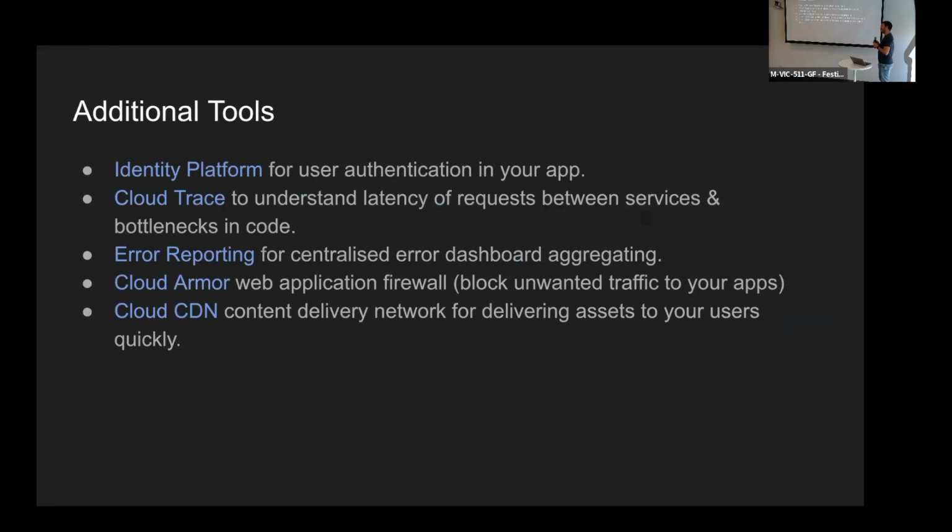There are some additional tools we shouldn't really get into in this talk, but ones that I use definitely, which can be very helpful. One of them is Identity Platform. So you might use various authentication services. Auth0, for example, is one of the ones. It's free up to a point, and then you have to pay. Same with Identity Platform.